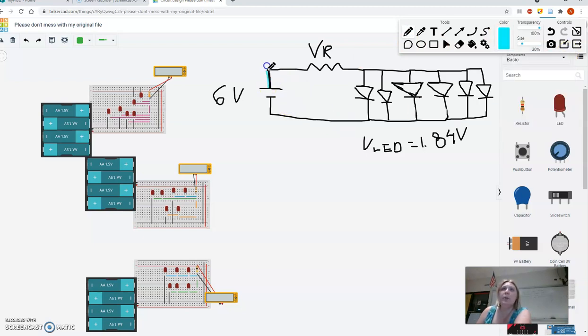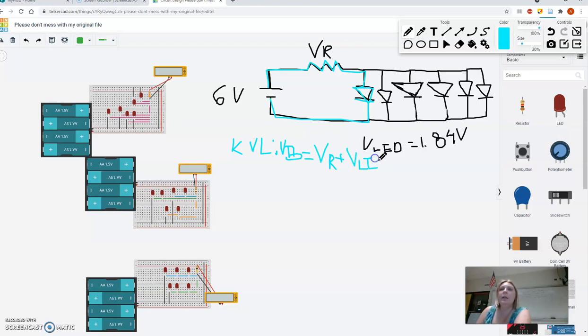All the loops in the circuit are going to be absolutely the same, because they all contain the same resistor and one of the exactly identical LEDs. So in this loop that I have just outlined, we have only 3 items. We have the voltage of the battery, the voltage drop of the resistor, and the voltage drop of the LED.